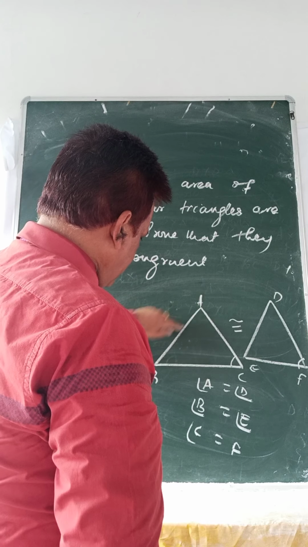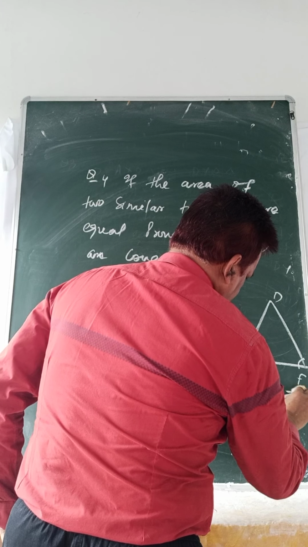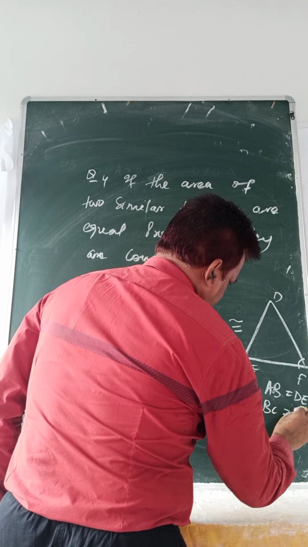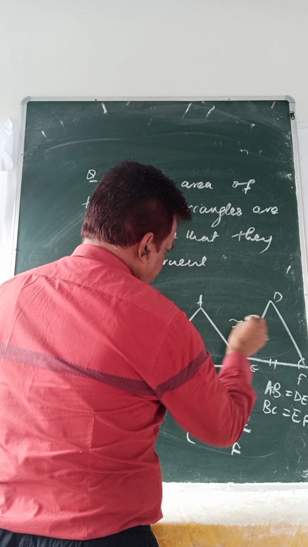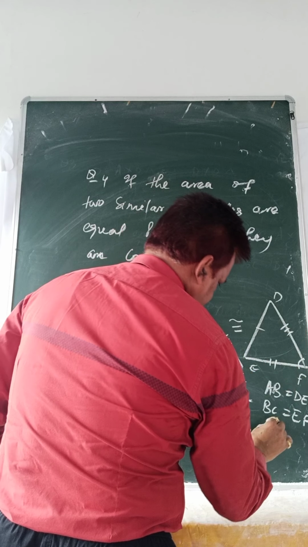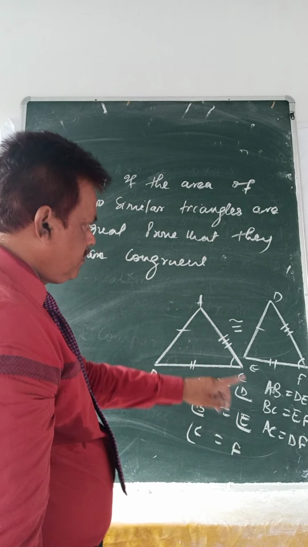Then AB equals DE, BC equals EF, AC equals DF. This is what you have to prove.